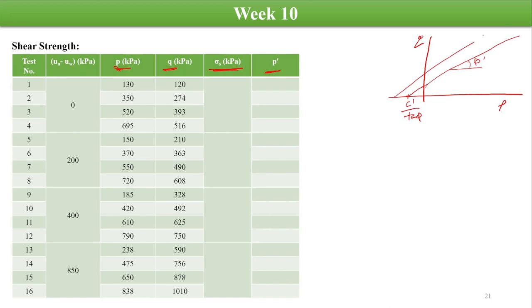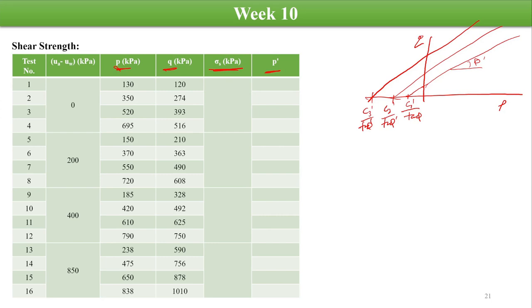And this intercept c1 dash, let's say c2 dash upon tan phi. So phi dash will remain constant for all the lines, only the intercept will change, right?